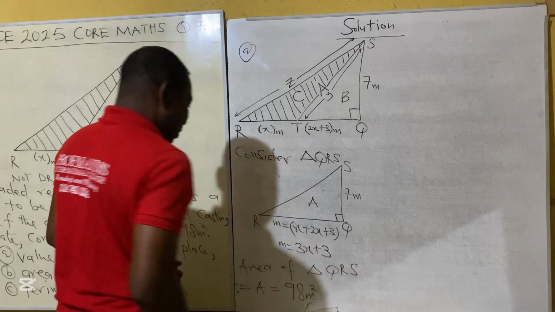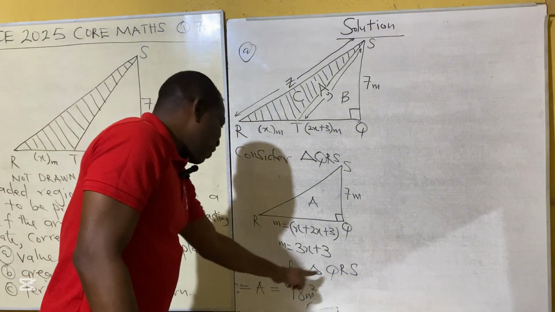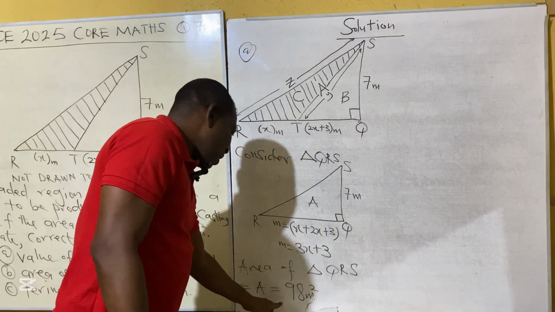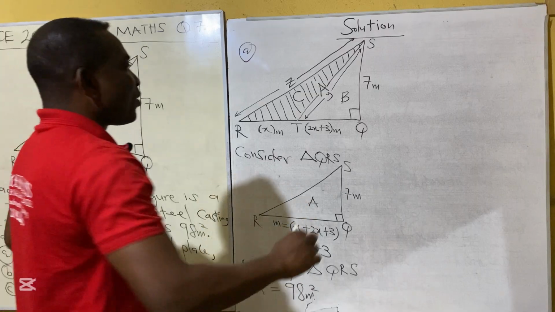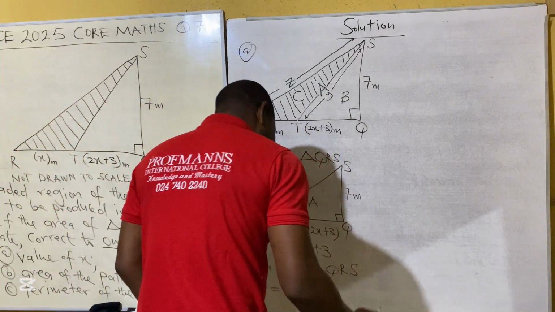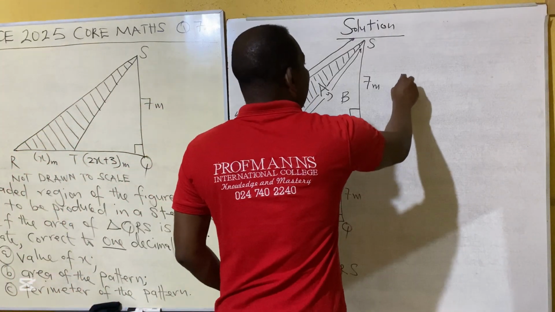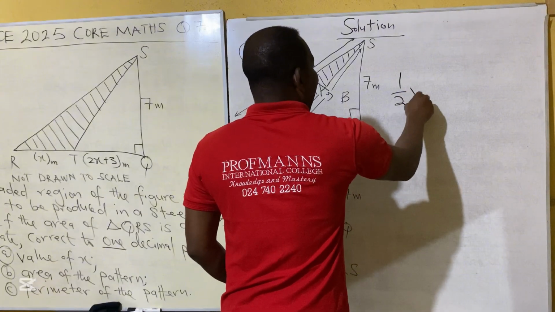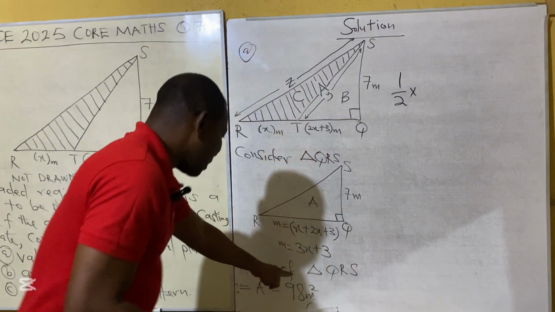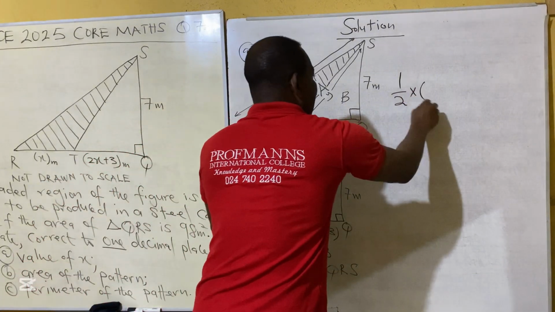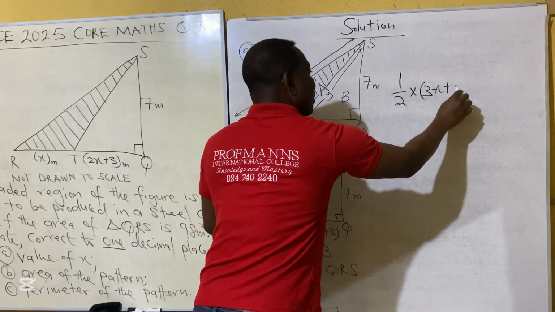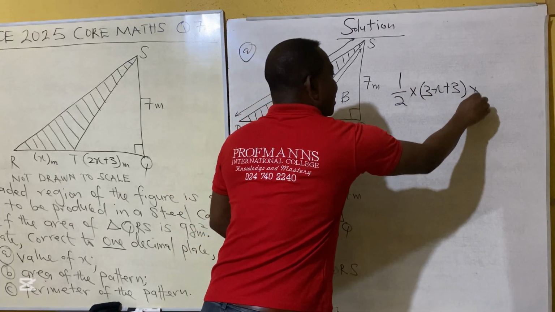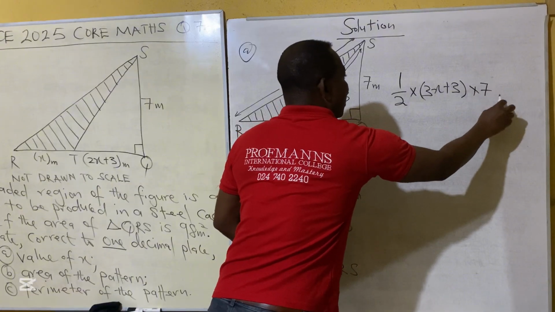So that is the base. And the area of the triangle is A equal to 98. Now, the area of a triangle is half times the base. In this case, the base is 3x plus 3 times the height, which is 7.